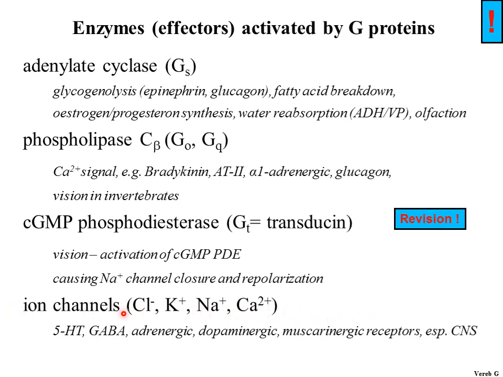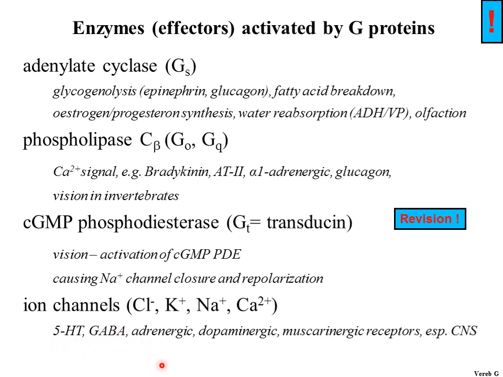So this would be the so-called metabotropic regulation in the nervous system, where ion channels are not directly ligand gated, but are regulated through various G proteins that are linked to various receptors, and these receptors would be for 5-hydroxytryptamine, gamma aminobutyric acid.